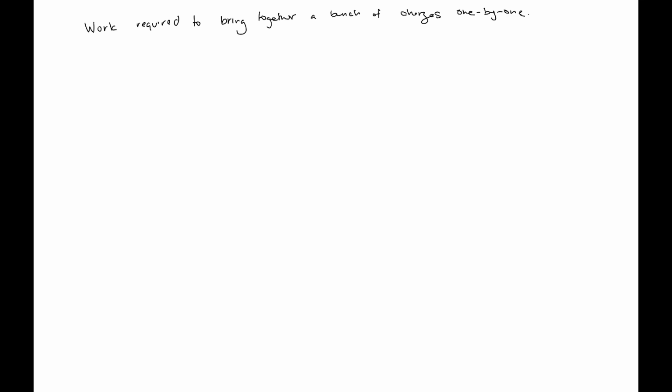We are going to bring them from infinity, so we're going to assume the potential where they start is 0, where the potential at infinity equals 0, to some radial distance. We can calculate the work just by this formula here, Q times V at that radial distance.